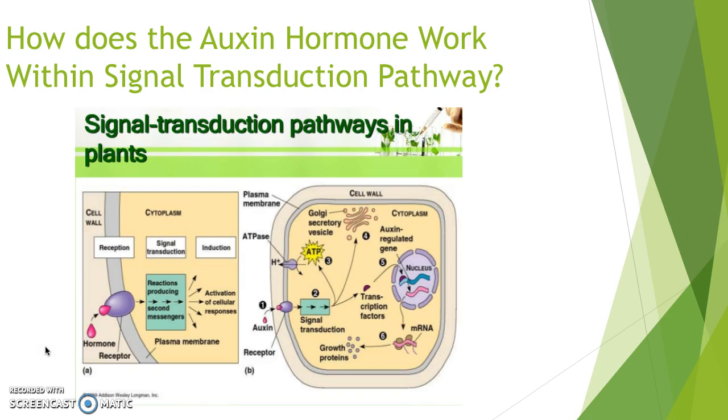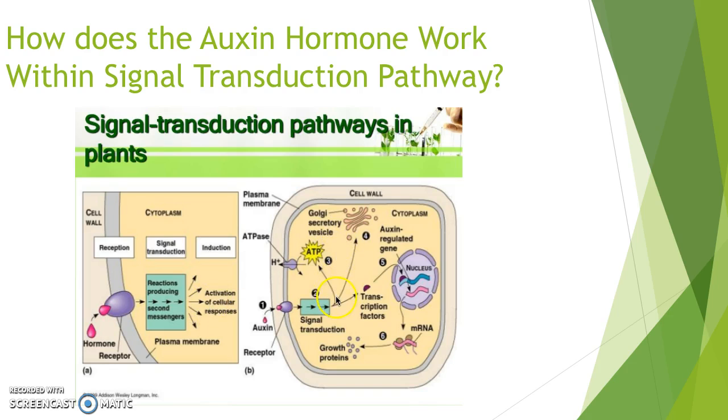So now let's put it all together. How does the auxin hormone work within a signal transduction pathway? Just like we saw on the last picture, the hormone is basically the ligand, and it's going to bind to the receptor, which is right here on the outside of the cell, change its shape, and then go inside the cell where it's going to activate the secondary messengers, which are then going to activate cellular responses.